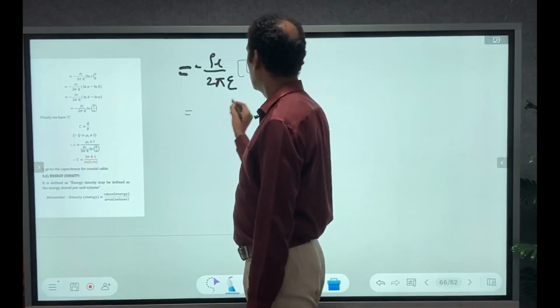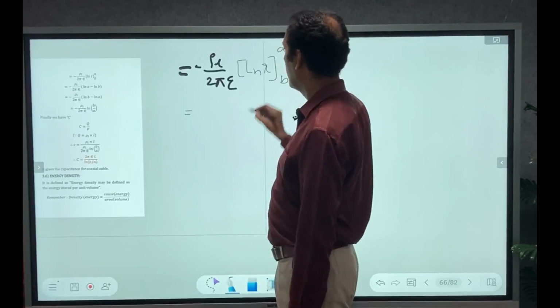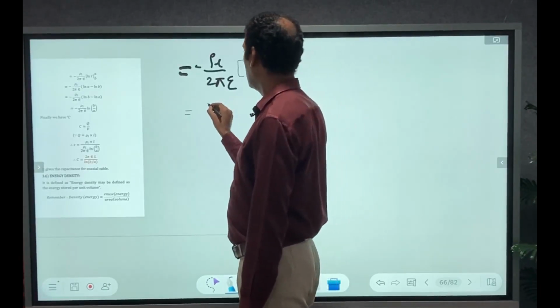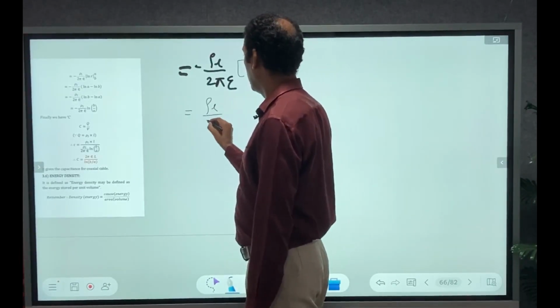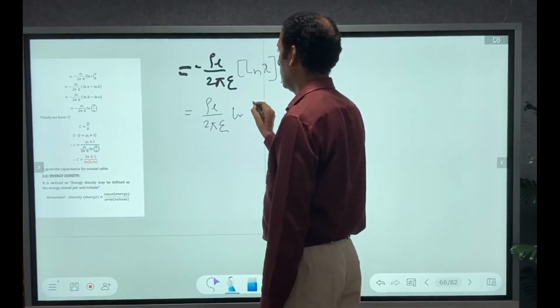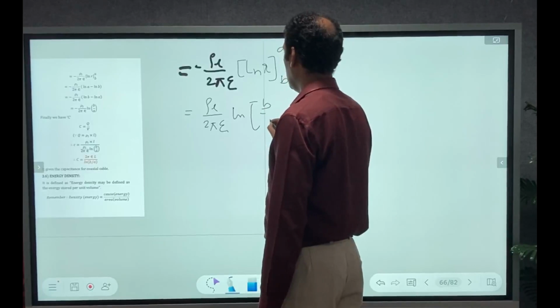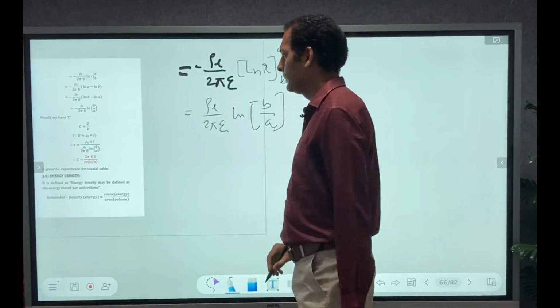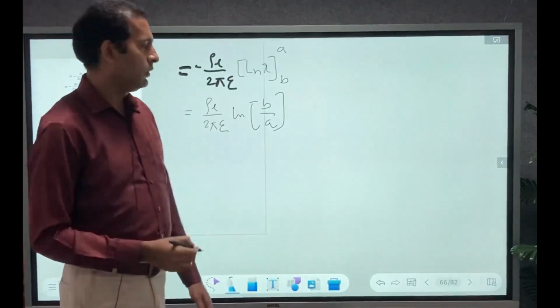So we will simplify it, we will put the limits. Log a minus log b, we will get rho L by 2 pi epsilon log of b by a. Now this is the voltage.